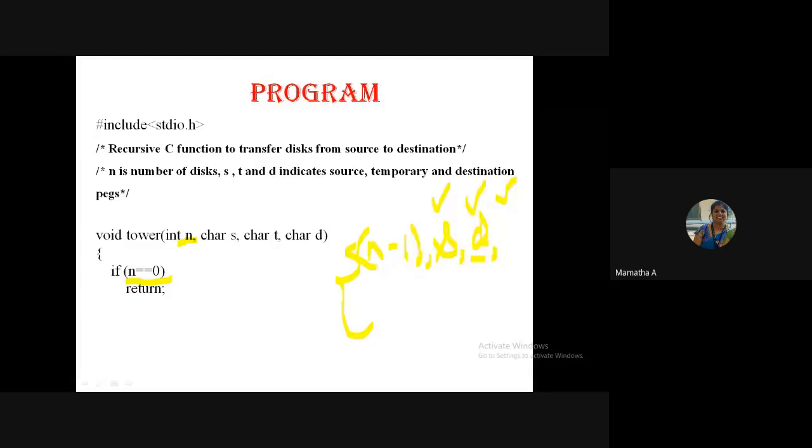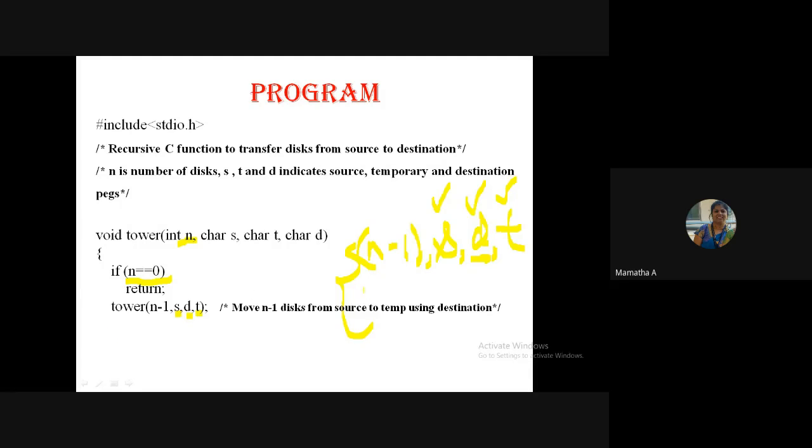So you are moving n-1 disks, which are on the source, to temporary using D. My recursive call will be tower of n-1, comma, S, comma, D, comma, T.